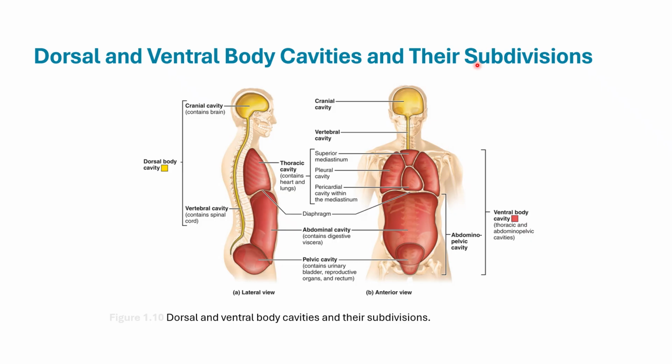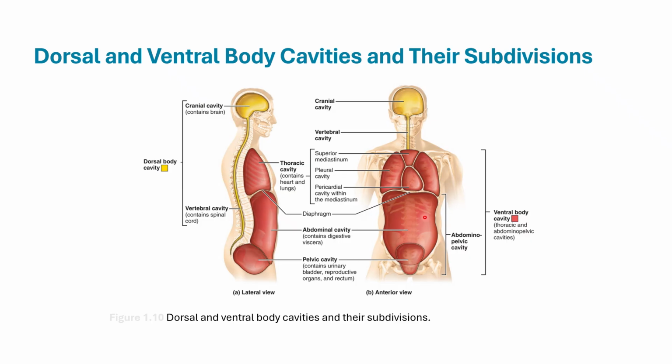Let's keep going. The ventral cavity over here contains the thoracic cavity and the abdominopelvic cavity. So here it's showing the thoracic cavity and then the abdominopelvic cavity.